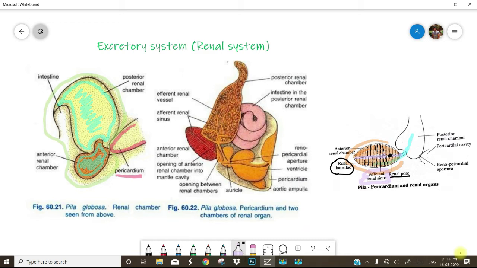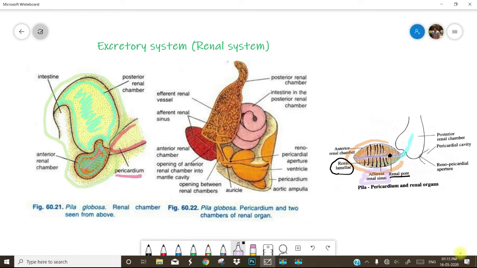If you are looking at the dorsal side, this is a dorsal image, but it was not clearly represented. In the condition of the dorsal side, the efferent renal sinus will be acting as the axis from which the renal lamellae originate. Okay, so these renal lamellae increase the surface area of the anterior renal chamber.